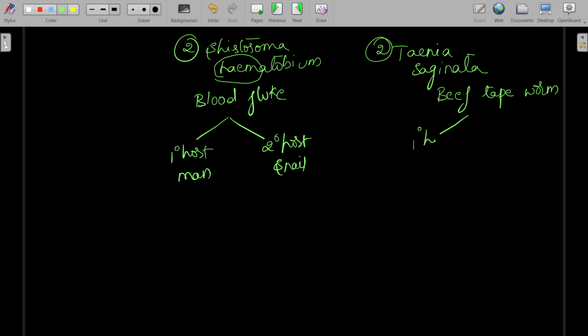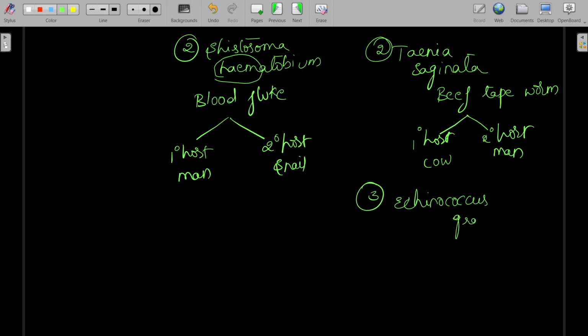The primary host is cow and the secondary host is man. The third example in Cestoda is Echinococcus granulosus, the dog tapeworm.